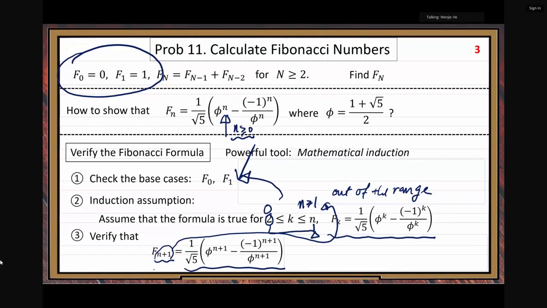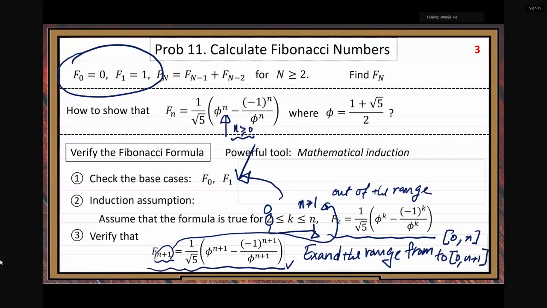If we can show step 3 is correct, we can expand the range from integers in the interval starting at 0 to a larger n plus 1.